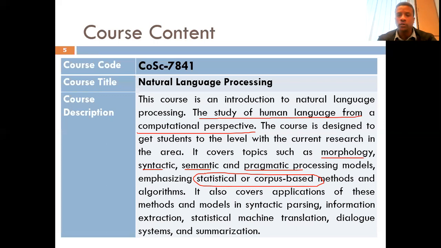So we'll be looking into that, and machine learning applications like text summarization, dialogue systems, machine translation, parsing, grammar checking, spelling checking, information extraction. All this would be covered or reviewed in the due course of these topics.